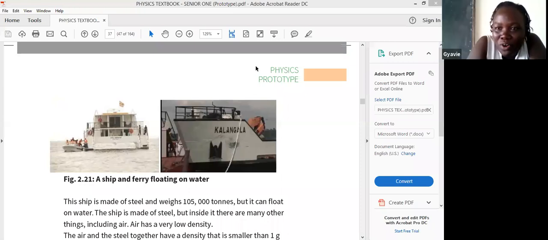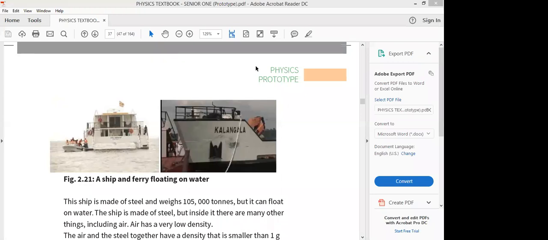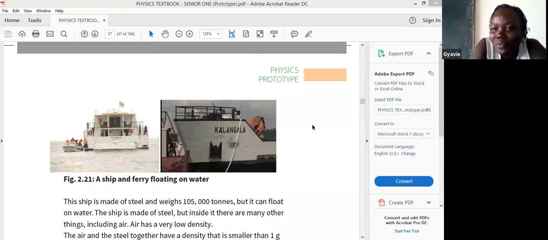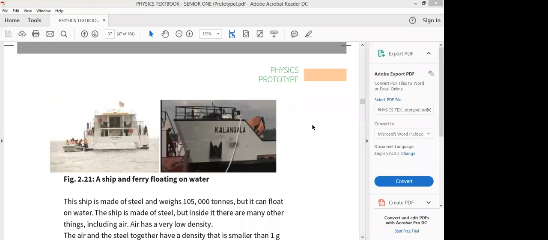Where exactly is the air? I think most parts of the ship are mostly air. Thank you, Yvonne, for your clarification. It is true, it is air.